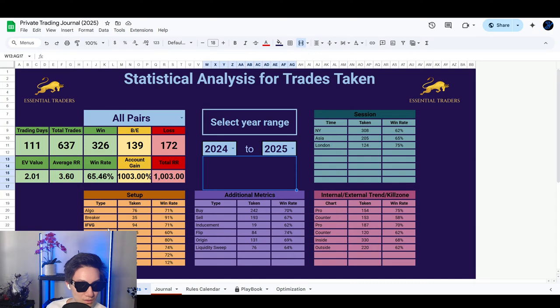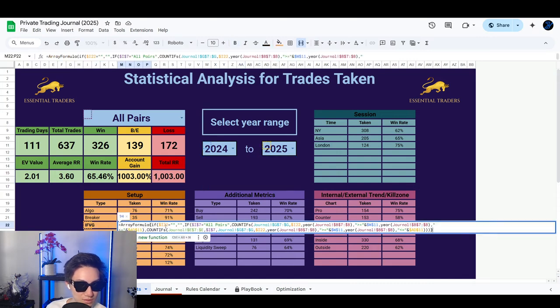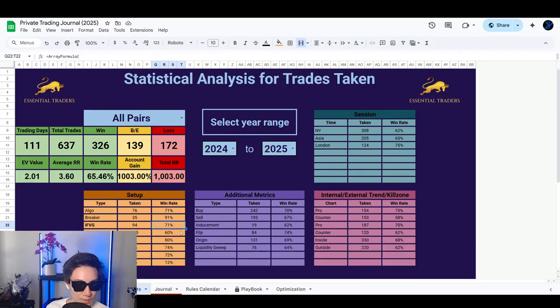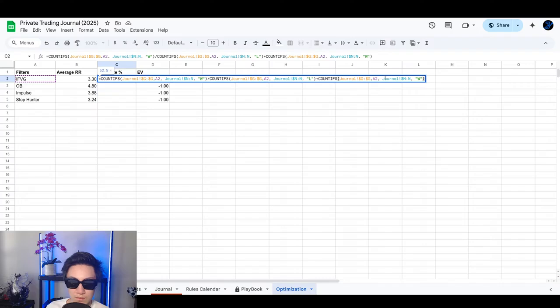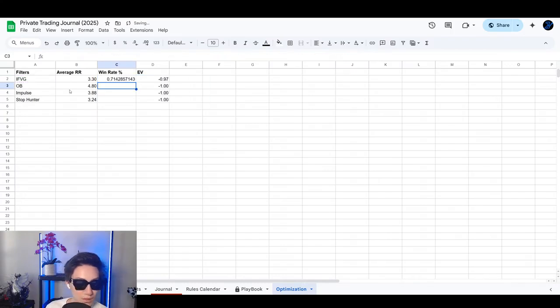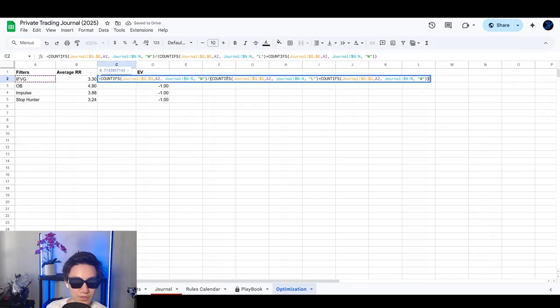This might be wrong. Oh, my journal here, the calculation here is 71%. Okay, so there's something we did wrong here with the way we calculate this. Does putting parentheses here change anything? There we go.